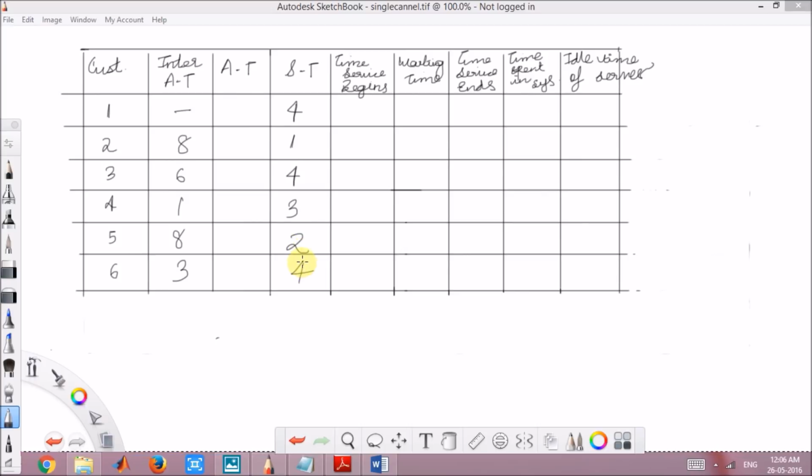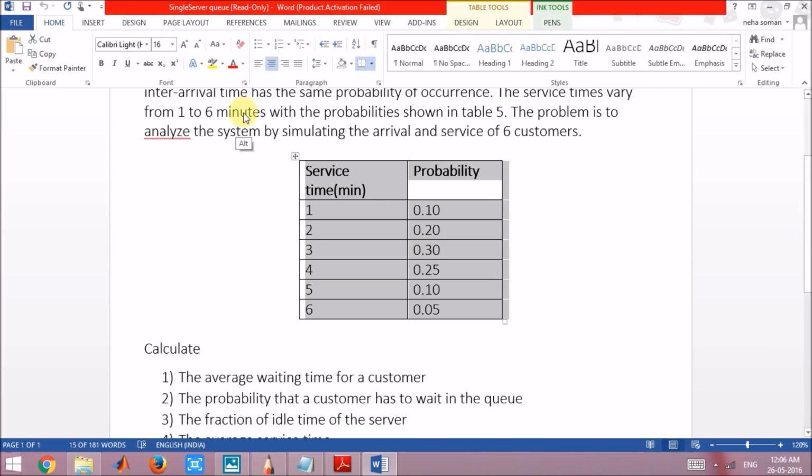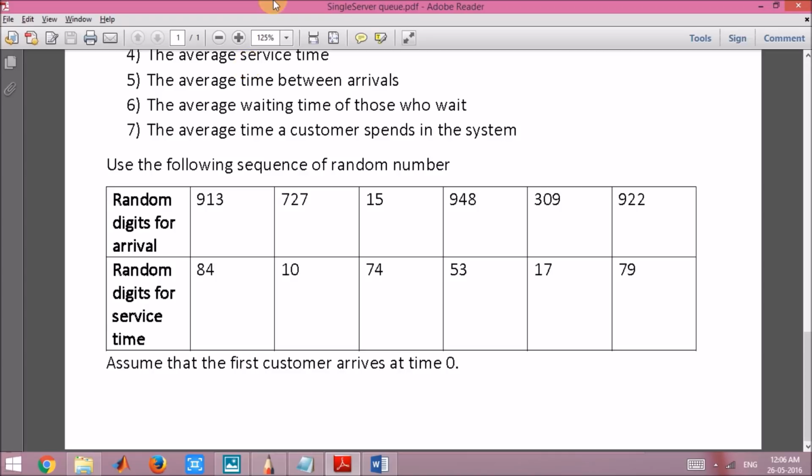So how do we start with the third column, that is the arrival time? Since we know it's on a timeline, the first arrival time, we also had in the question, assume that the first customer arrives at time 0.